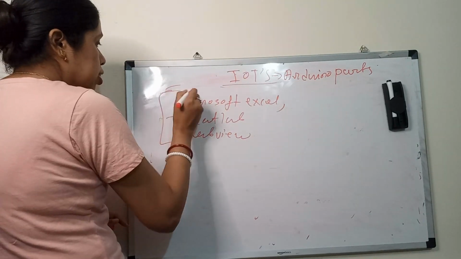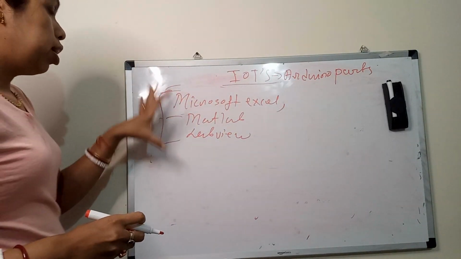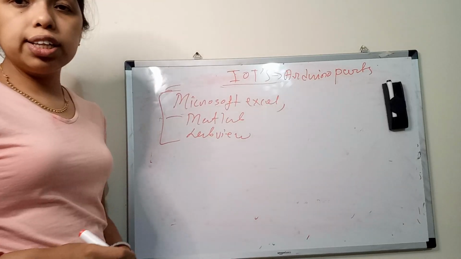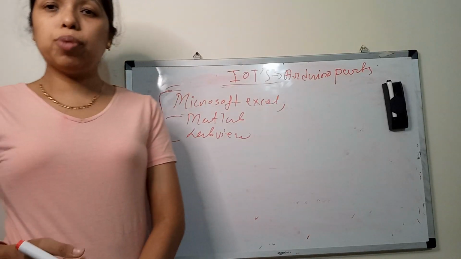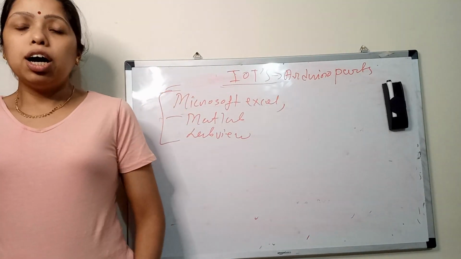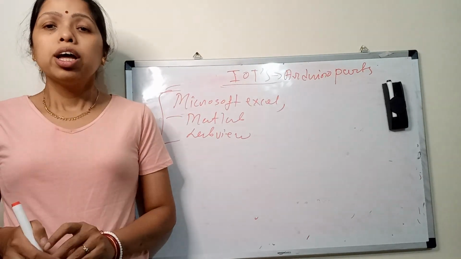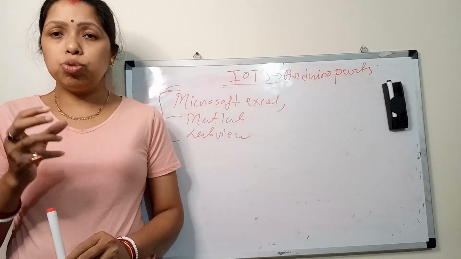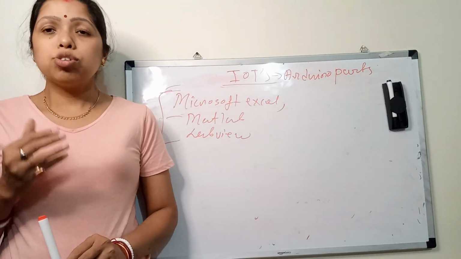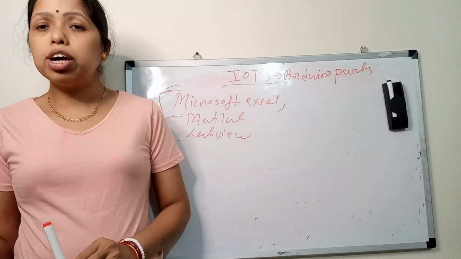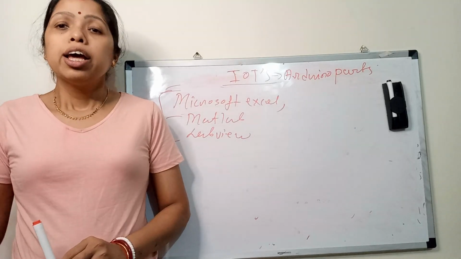These are three different software tools that are required. For what purpose are they required? Suppose you want to get some output. You will get output in the form of an actuator, motor, or LED in the hardware.